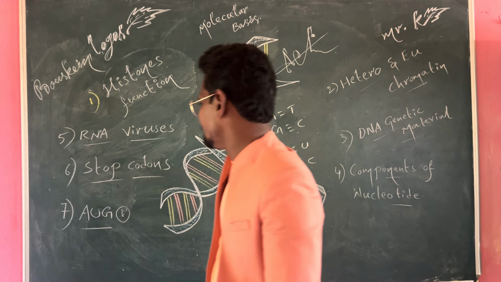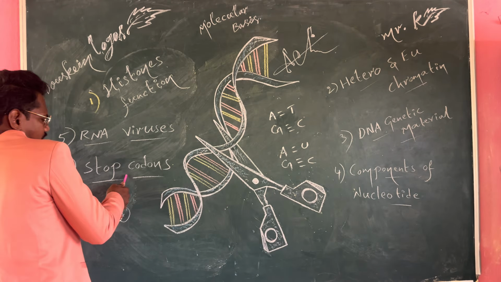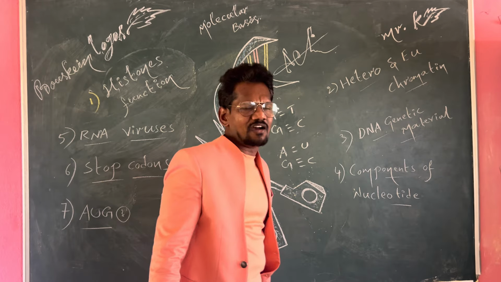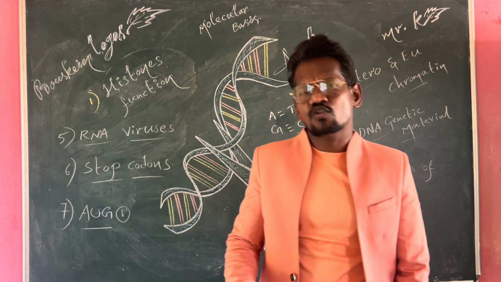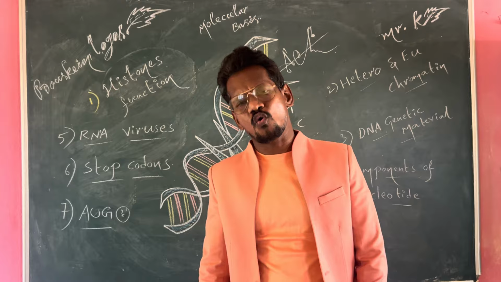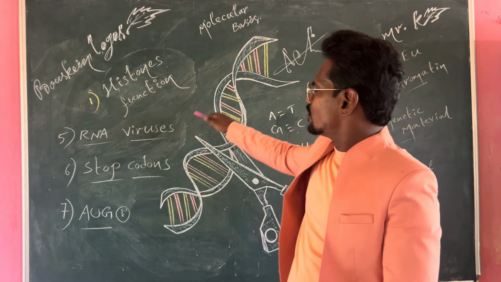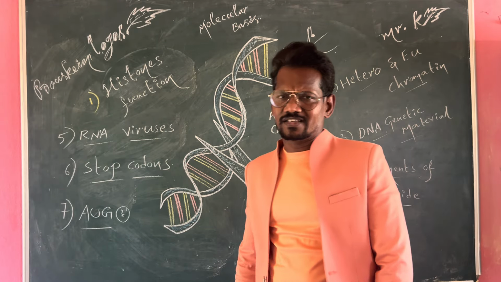Then followed by stop codons. In one video I have explained clearly about codons, nothing but genetic code. Here around 64 codons are there.